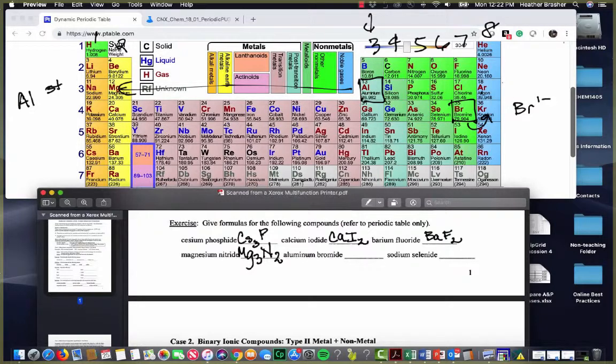So that's -1, right? So how many of these do we need? Well, there's 3 charges here, 1 charge is here. So we're going to say times 3 for the bromine. So then we have aluminum bromide would be 3.